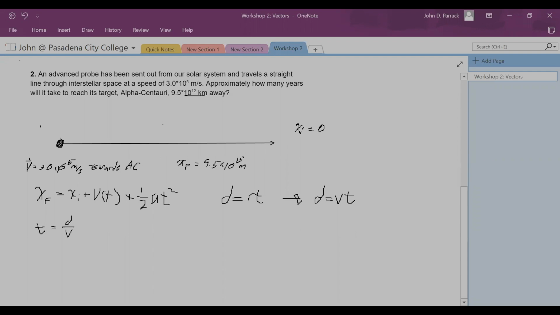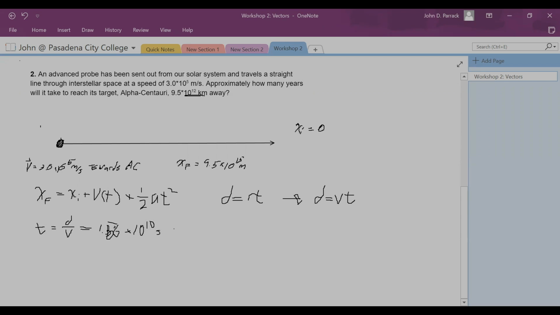Oh, that sounds like a lot of seconds. Let's see how many years that is. We got 3.166 repeating times 10 to the 10 seconds.